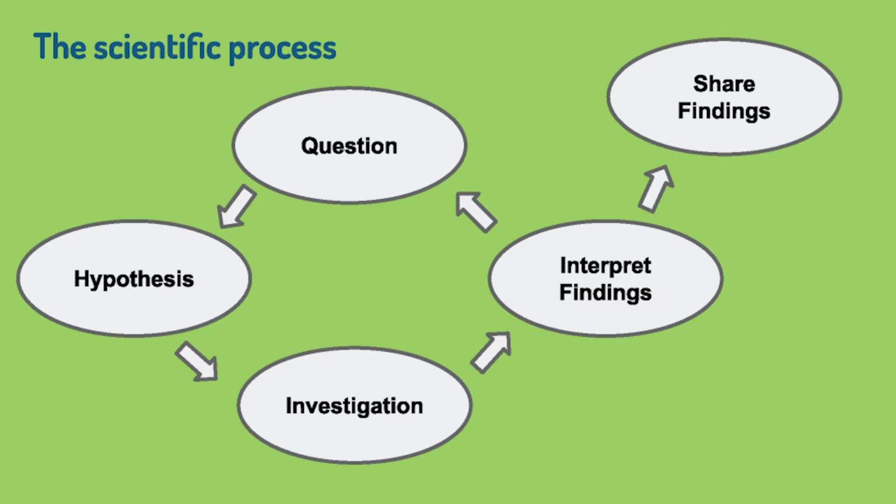From there, we plan out our investigation or experiment to help us test our hypothesis and answer our question. Once we've done our experiment, we interpret our findings or look at the data we collected. This may give us new questions to try and answer, and we can also share the findings that we came up with and what discoveries we made with the rest of the world.